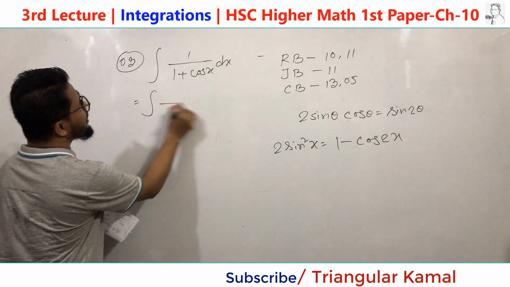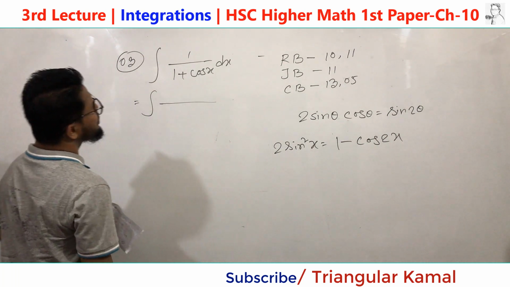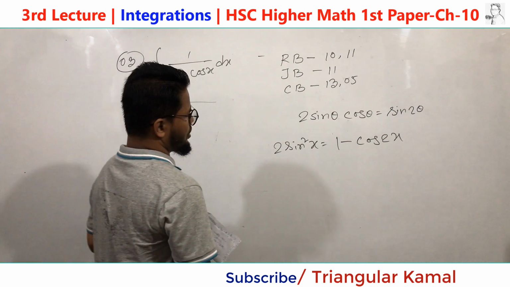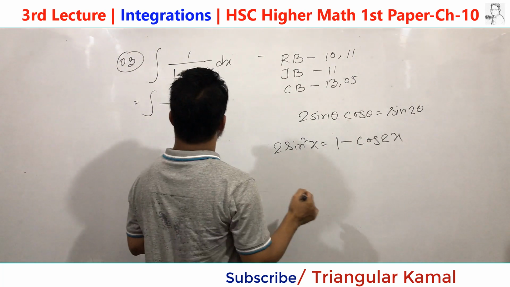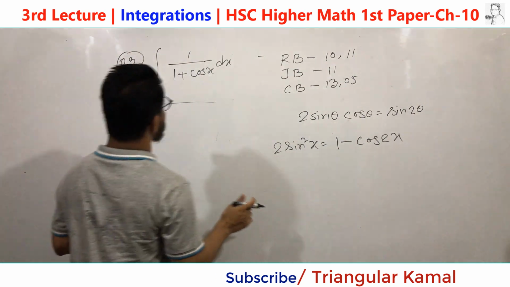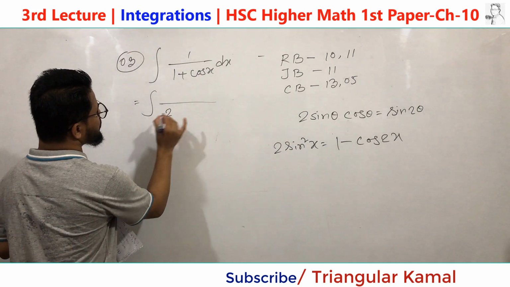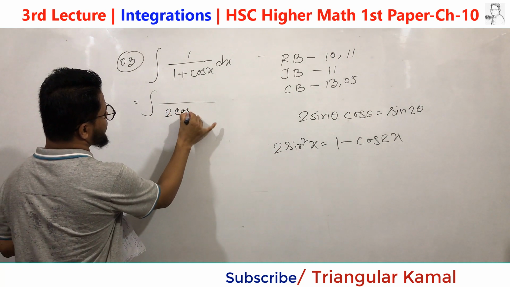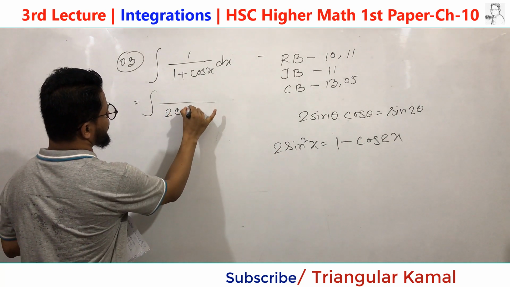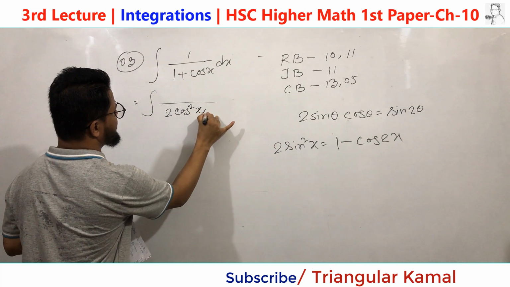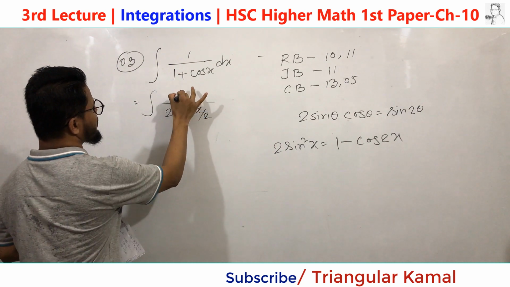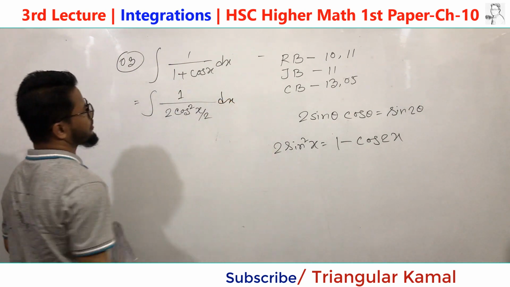This integration here 1 plus cos theta. So we can write here 1 plus cos x equal to 2 cos square x by 2. This is the 1 dx.